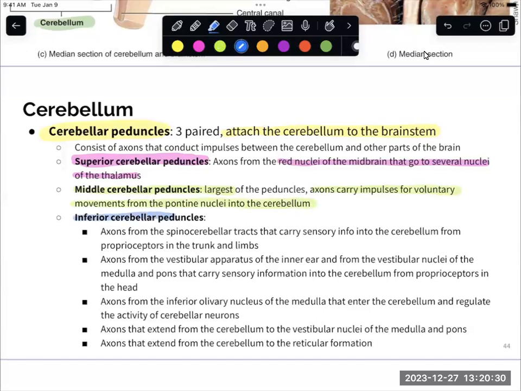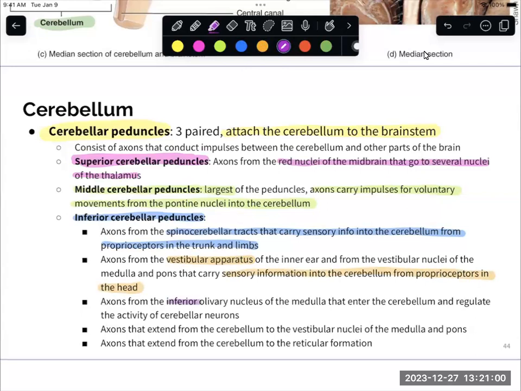And then we have our inferior cerebellar peduncle. So that has spinocerebellar tracts for sensory information from proprioceptors from the trunk and limbs. That vestibular apparatus needs to play into it for sensory information from proprioceptors in the head.